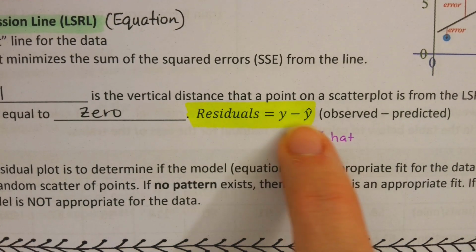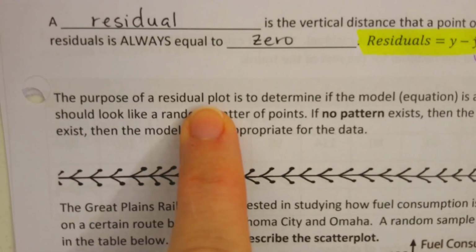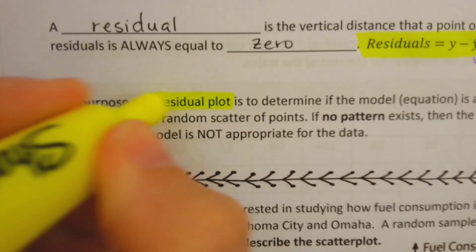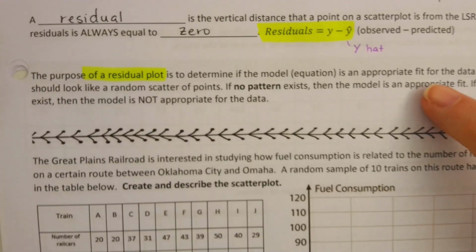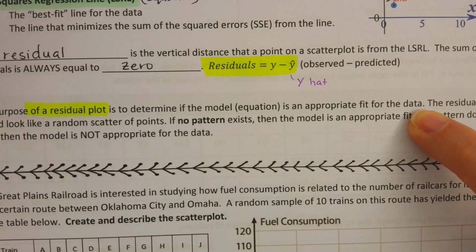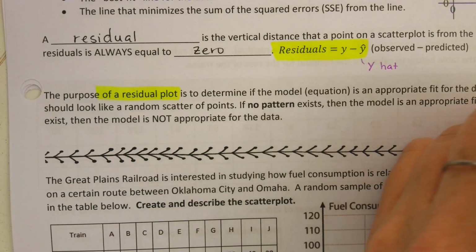Once we have all of our residuals for our set of data, we're going to be creating what's called a residual plot. A residual plot is just a little graph we make to determine if the equation that the calculator wrote for us is an appropriate fit for the data. Because a lot of times it'll write an equation, but it's a terrible equation. It still does one, but it's not that good. The residual plot should look like a random scatter of points.